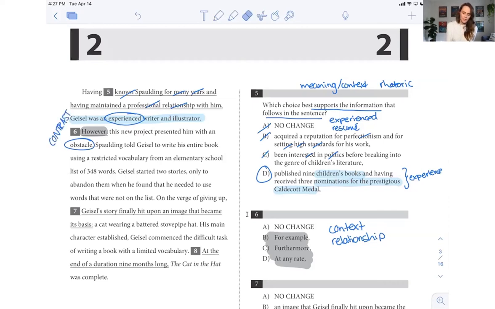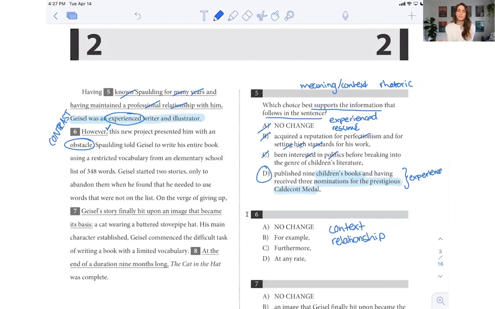And if I uncover this, however is a contrast, but there could be a problem. If I have other answer choices that are equivalent to however, like although or despite, something else that indicates there's a shift, I would reanalyze the information that came before and after to make sure I identified it correctly.